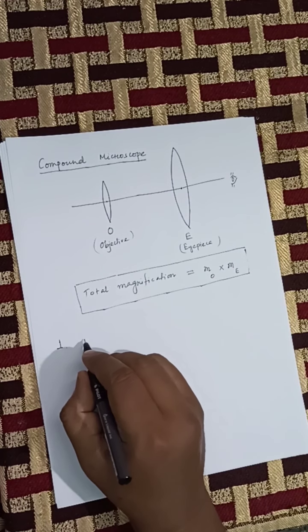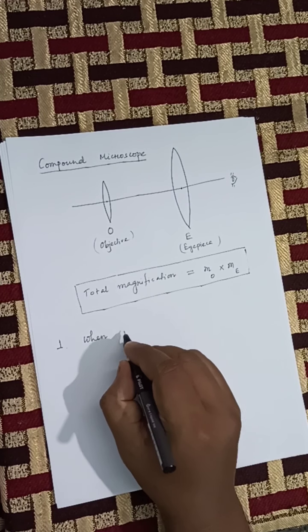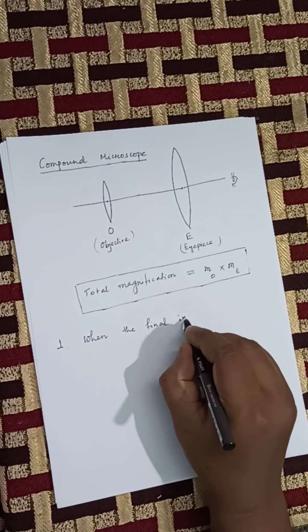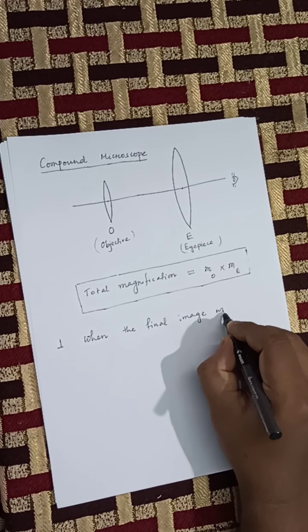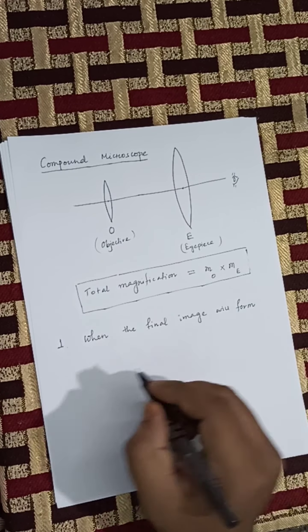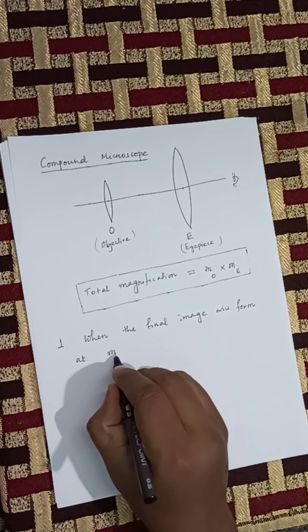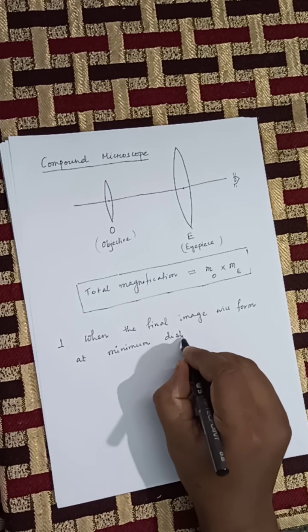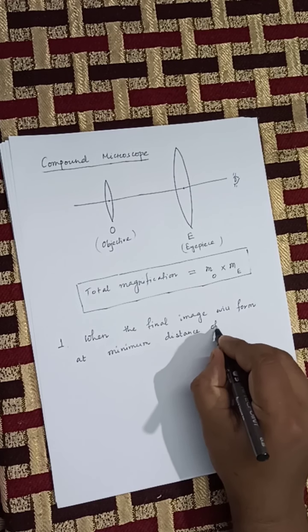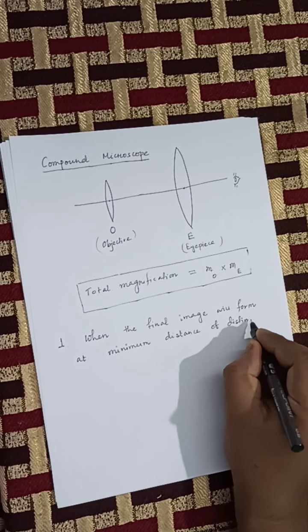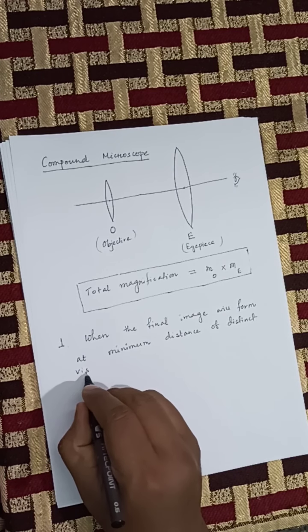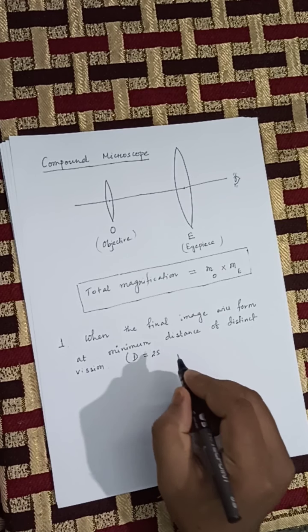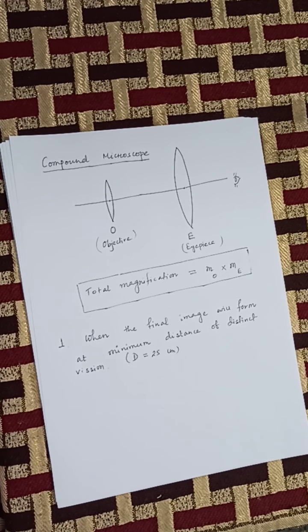Now first, let us consider when the final image will form at the minimum distance of distinct vision, that is D, which is 25 centimeter.